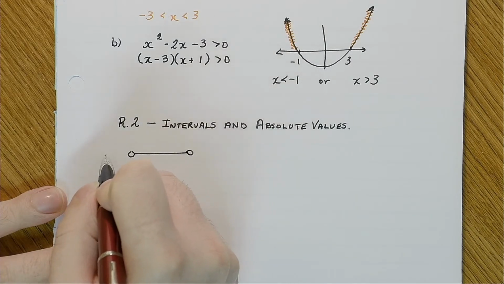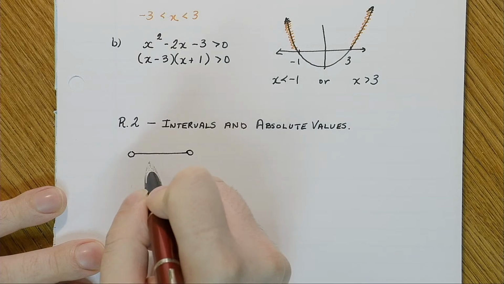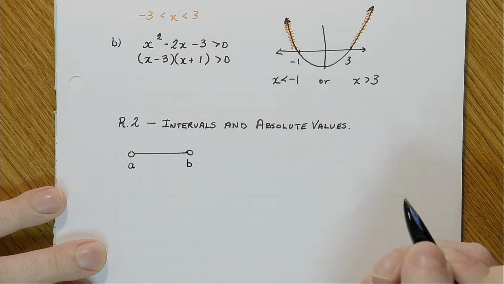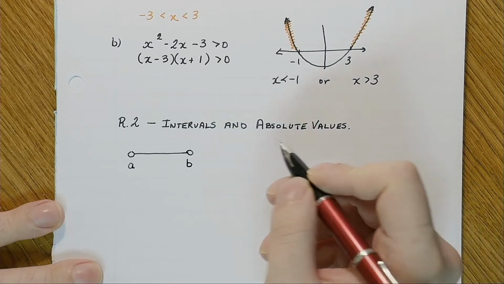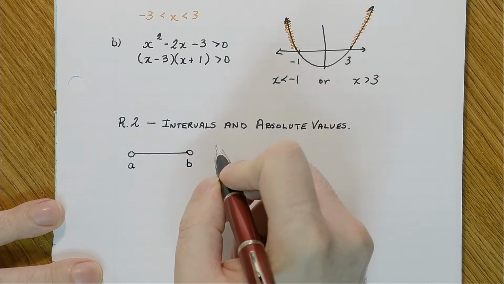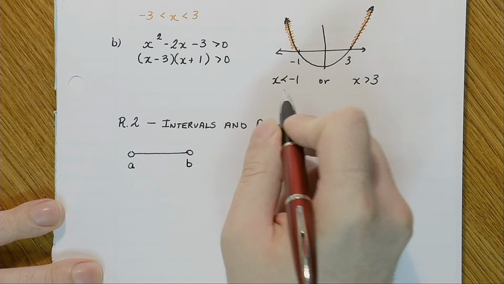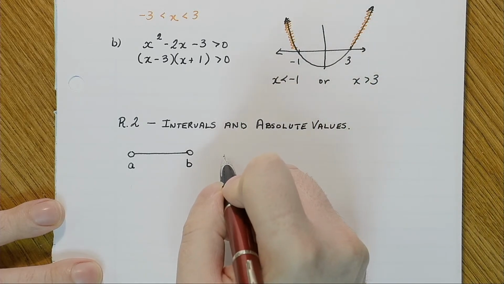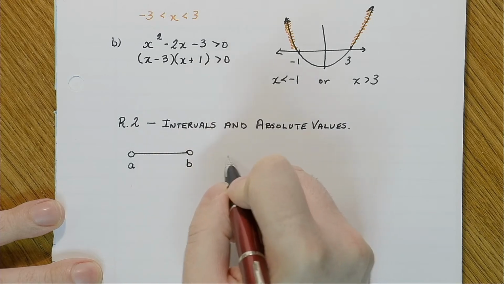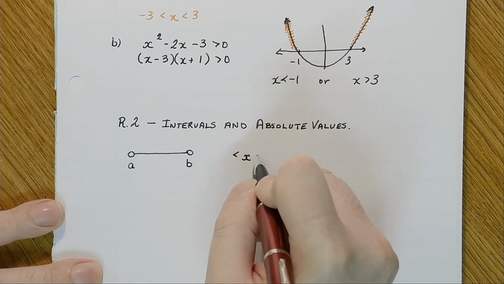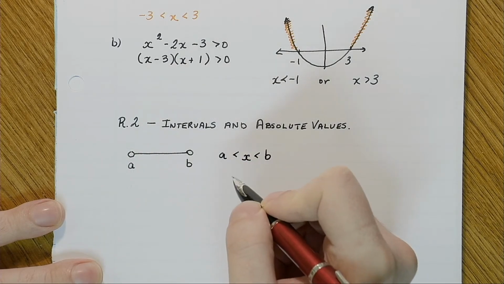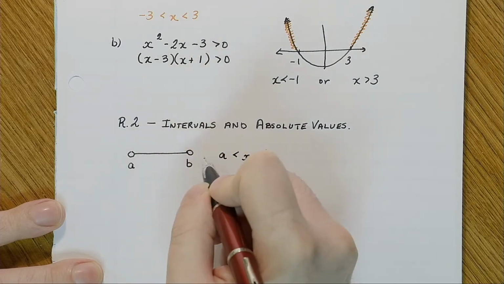So if this was our number line, and we'll say A and B, if we wrote it out in the notation above, we could write that as all the x's that are between A and B, but it doesn't include B. That's why we write these little circles.